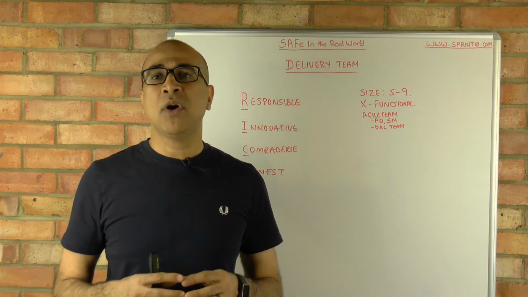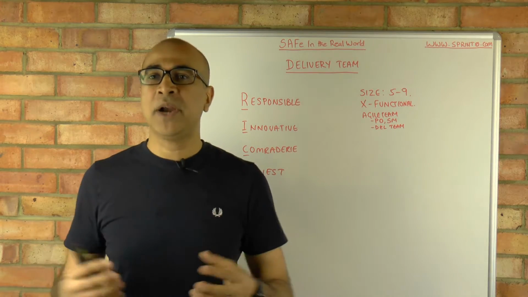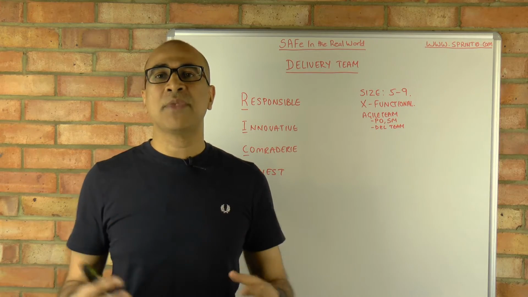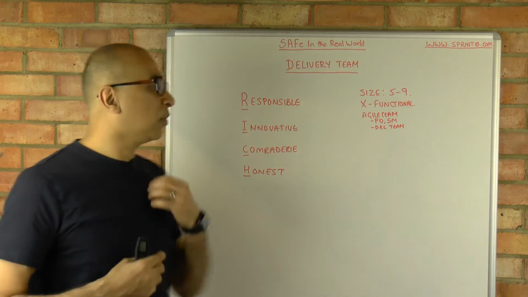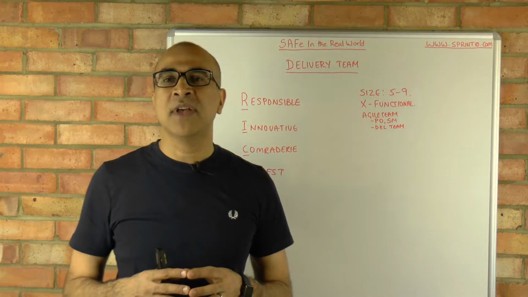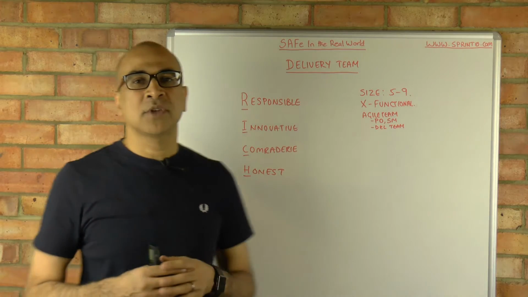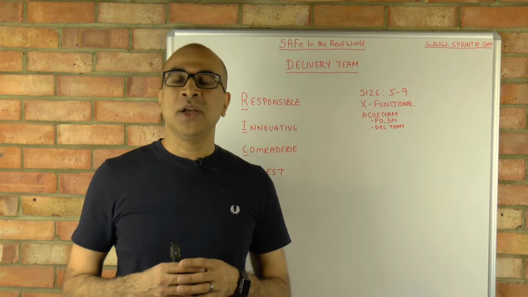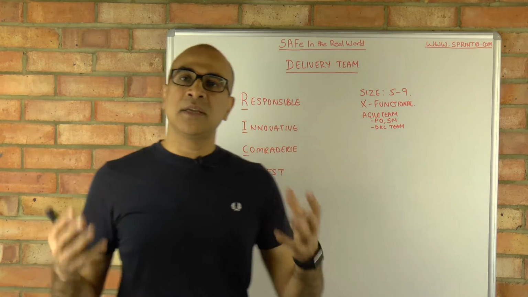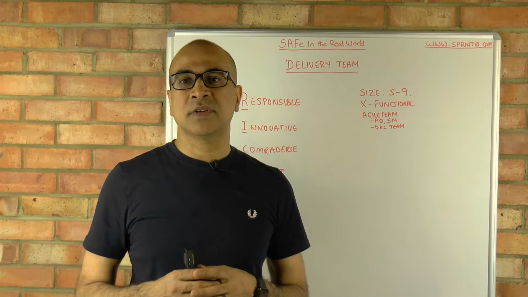So it's about being open and honest with each other, with ourselves, being as transparent as possible, because without that, the camaraderie starts to fall away. We can't really have that level of innovation that we want to have, and then again, being responsible becomes quite challenging as well. So that's some of the characteristics of the development team.